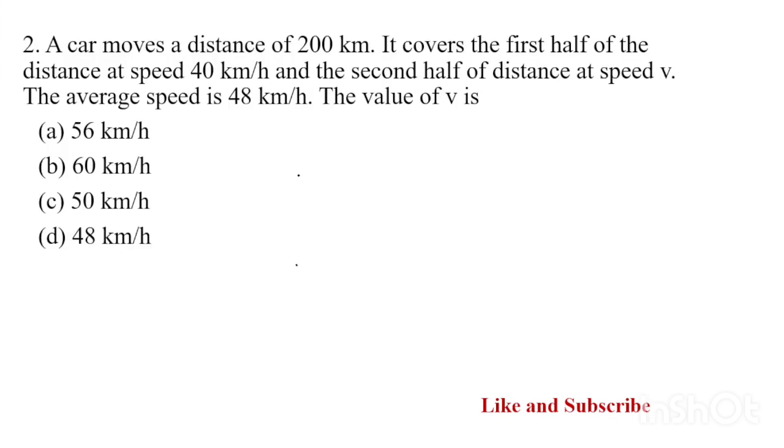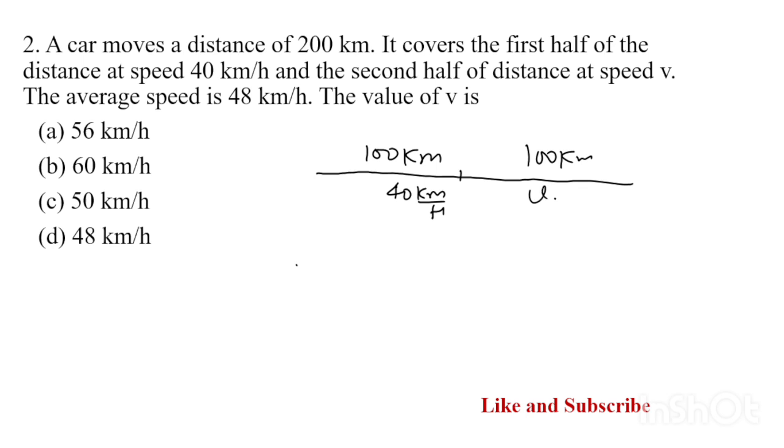Question number 2. A car moves a distance of 200 km. It covers the first half of the distance at a speed of 40 km/h. This is the 200 km, this 100 km, and this is 100 km, and this with the speed 40 km/h, and this with the speed of v km/h. Now the average speed v average is equal to 48 km/h.